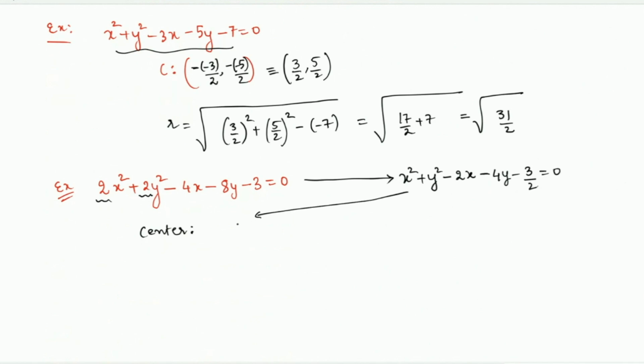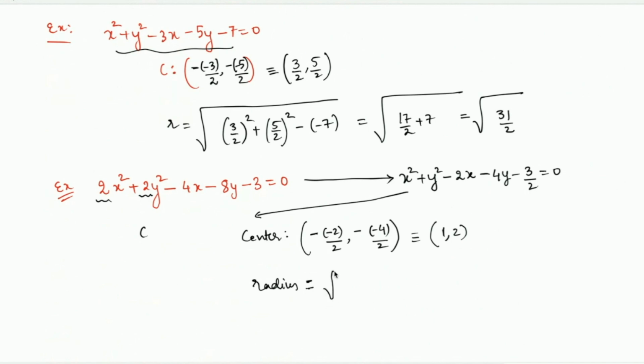What is the center? Minus x coefficient by 2 comma minus y coefficient by 2. If we simplify this, it is 1, 2, right? What about the radius?